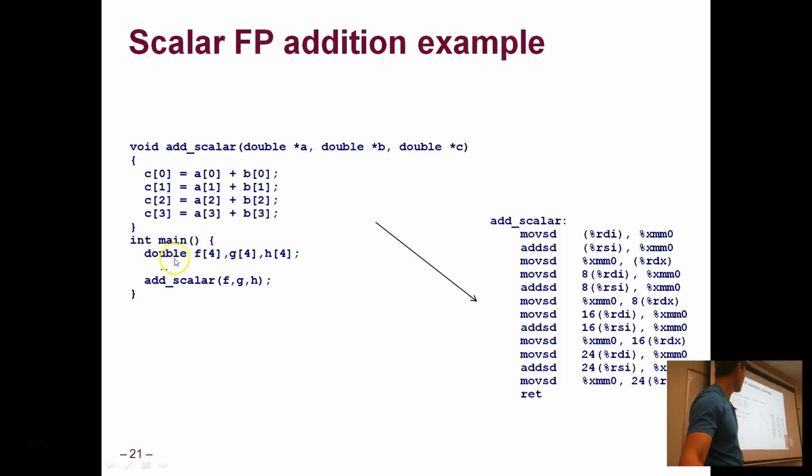So again, scalar moves of doubles, scalar adds of doubles, and then for each array element, this is A of 0, this is A of 1 and B of 1, this is A of 2, B of 2, this is A of 3, B of 3. So you see how that's done one data element at a time. So we would like to vectorize that.